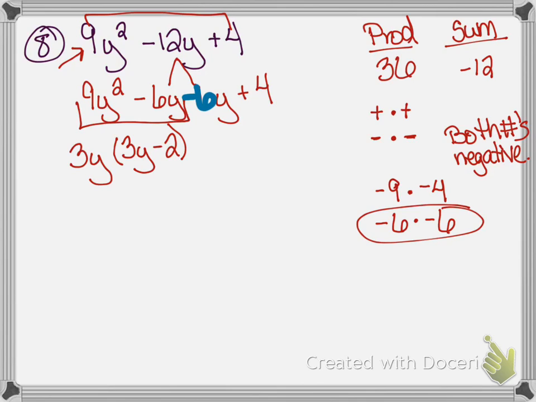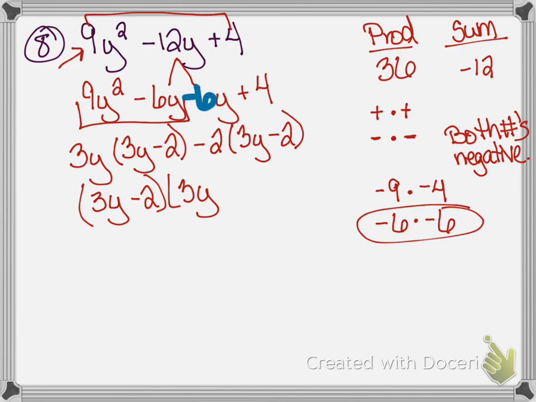If I have a negative for that term right there, that is an excellent indication that I need to take a negative out. So I am actually taking out a negative 2 right here, not just a 2. Okay, so then I'm left with positive 3y and negative 2, which is exactly what I wanted.